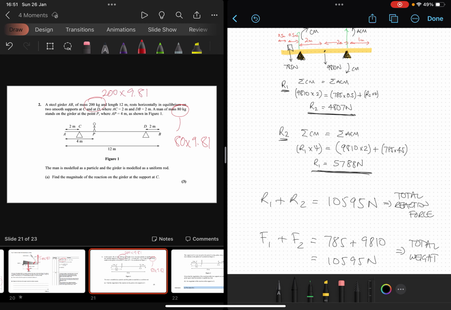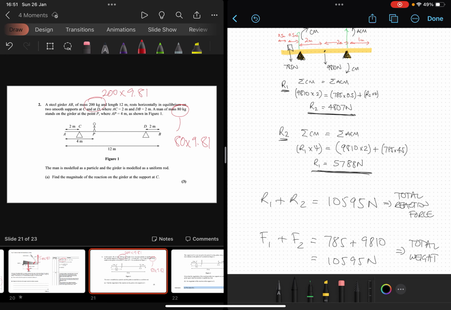Okay. So to conclude, we know that a moment is the turning effect of a force. We know that the size of the force is important, how far it is from the pivot is important, and the direction that it acts in is important. We know that the principle of moments is what we use to predict static equilibrium.